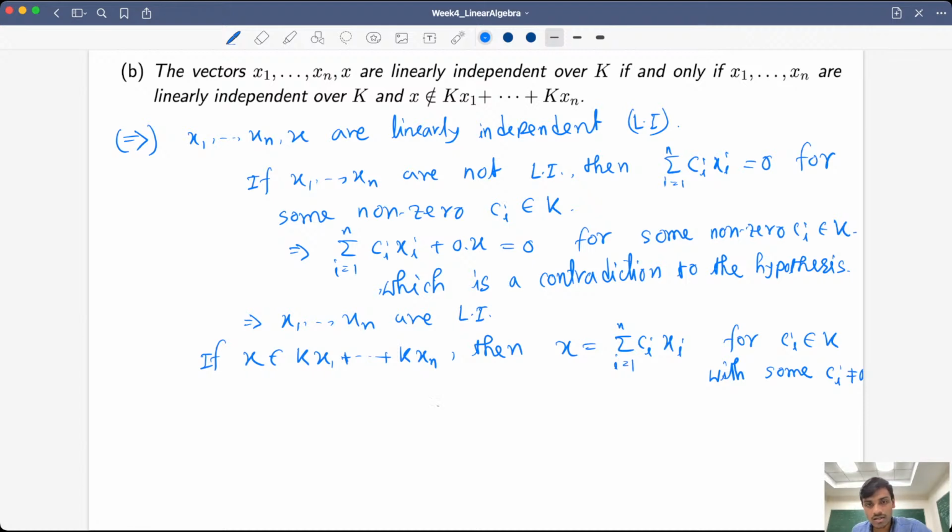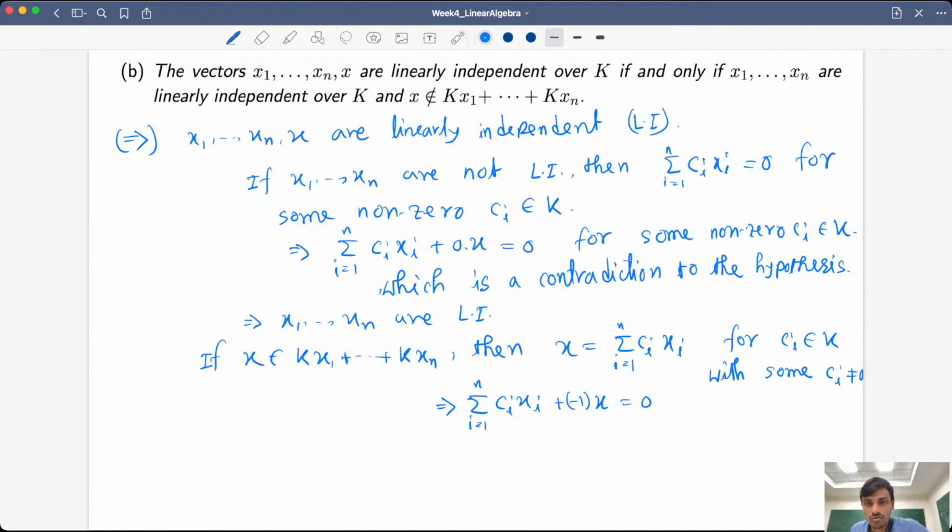But this relation again implies that the sum of Ci xi, i equal to 1 to n, plus minus 1 times x equal to 0. So clearly the coefficient of x is minus 1, which is non-zero. This is the non-zero coefficient, and also some coefficient Ci must be non-zero.